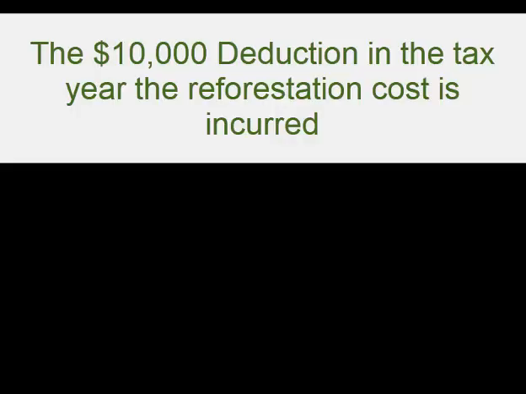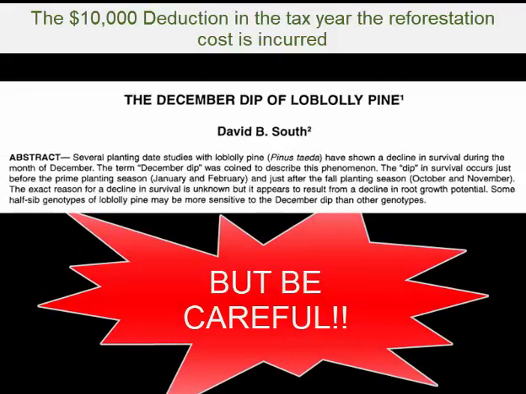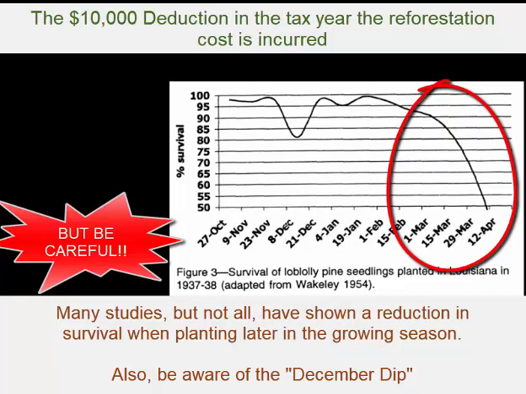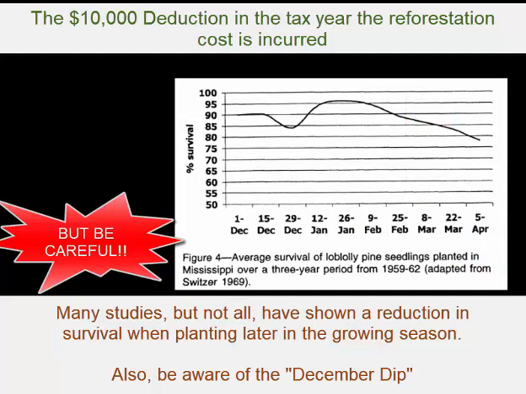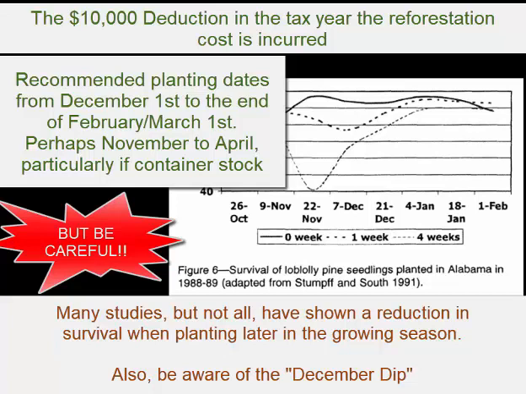So think about how you can change the timing of these operations to capture the whole benefit of the federal reforestation tax deduction and amortization program, but never lose sight of the biological impacts, the chance that you may reduce the probability of a successful reforestation effort by adjusting the timing of these operations, or the quality of the seedlings or the quality of the work or the intensity of the site preparation, trying to save money, but at the same time perhaps creating issues with your reforestation process being successful.